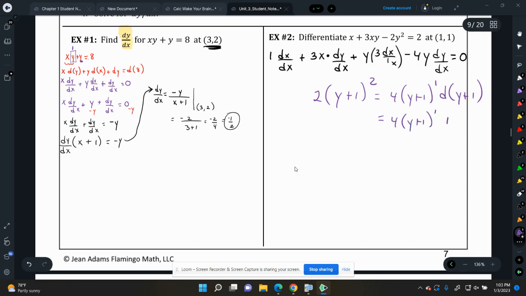Well, this wouldn't actually be the derivative of y, it would be the derivative of y plus 1 with respect to x. So it's actually just 1, but we need to keep the dy dx there because that's what we're trying to solve for. It doesn't disappear, it just happens that the coefficient in front of it is a 1, okay?